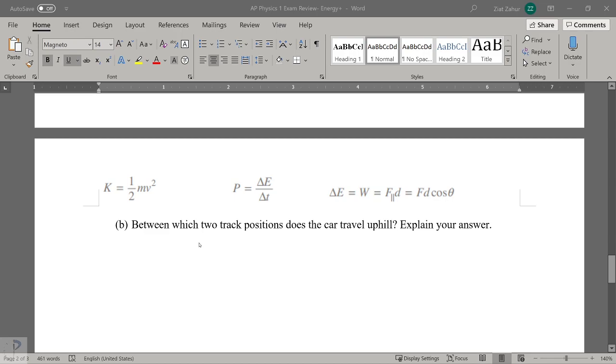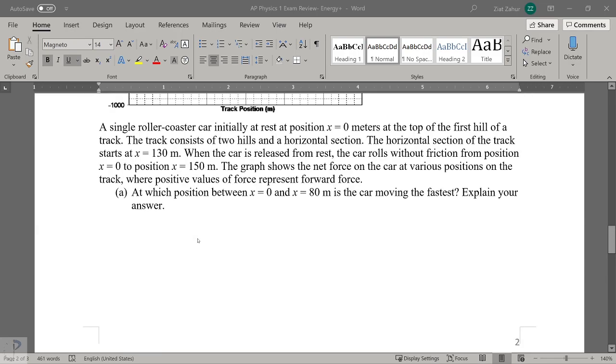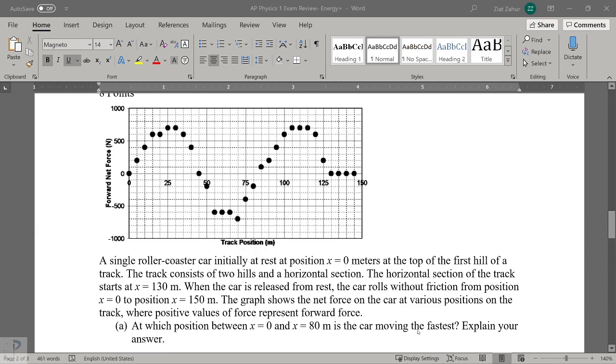Between which two track positions? So now, if this was on the AP test, you would also have to explain your answer, right? So how do we explain our answer? Well, basically, you would have to say things like the area under the curve in a force displacement graph gives us the work done on the object, the net work done on the object.